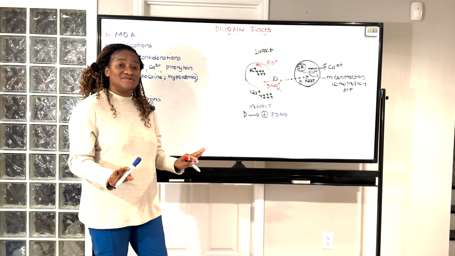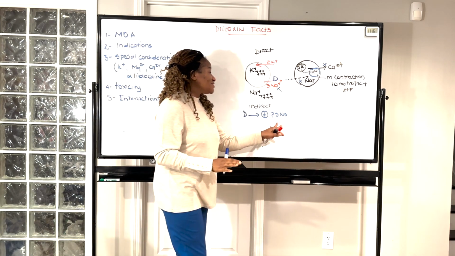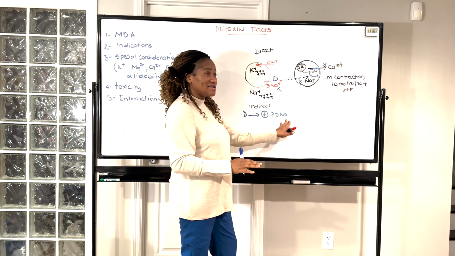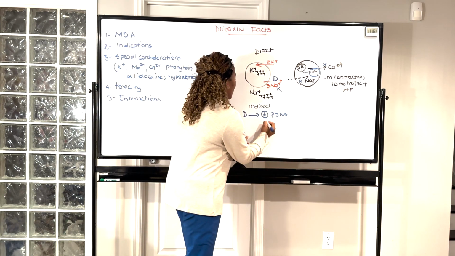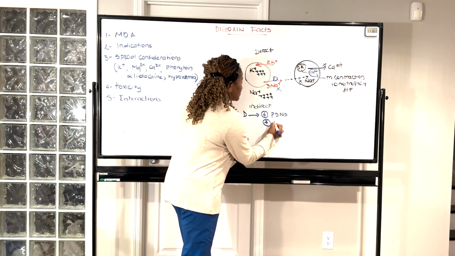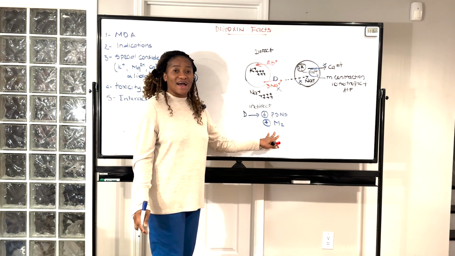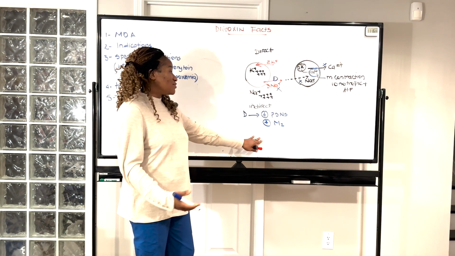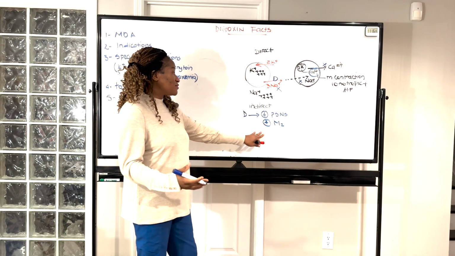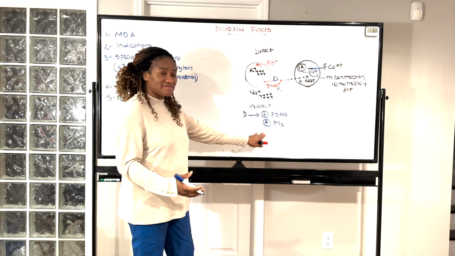It's very smooth. So because it activates the parasympathetic nervous system, it's going to activate the muscarinic receptor in the heart. These are the receptors where acetylcholine binds for the postganglionic nerve in the parasympathetic nervous system.